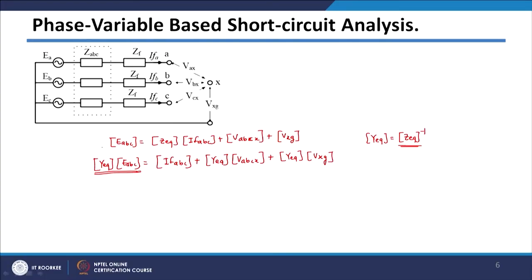So we can get this quantity, and since it is admittance multiplied by voltages, it will have units of currents. So I can say this will be IP ABC, which will be equal to IF ABC plus Y equivalent into VABCX plus Y equivalent into VXG.